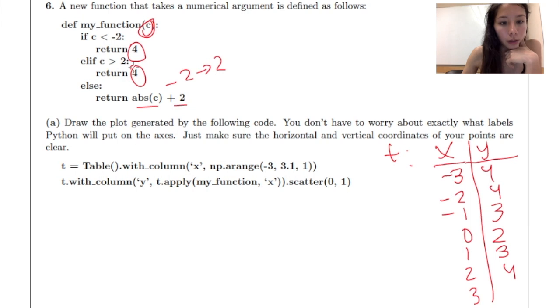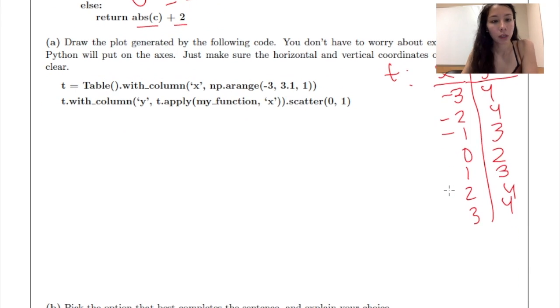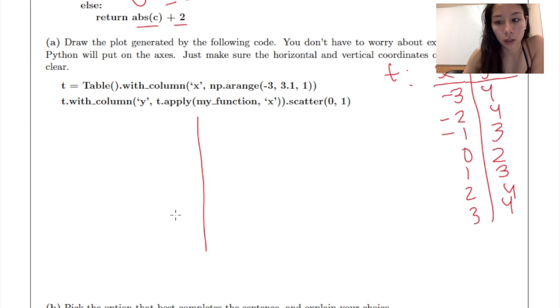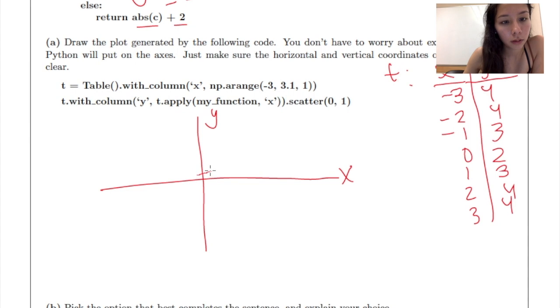And 3, we are finally in this elif statement, because 3 is greater than 2, so we're just going to return 4. Alright. And this is just going to be a scatter plot, so let's go ahead and draw approximately what this plot would look like. So here is Y, this is X, 1, 2, 1, 2, 3.